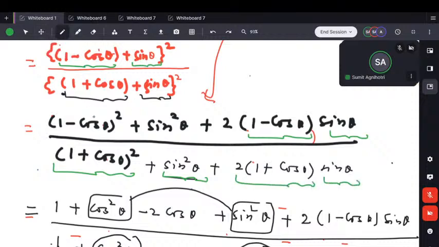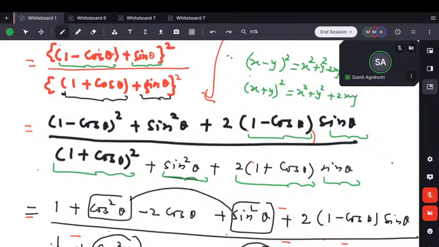Further you need to apply this formula, x minus y whole square and x plus y whole square again, that you remember now. It is x square plus y square minus 2xy, and it is x square plus y square plus 2xy. Again and again, if you use this, you will be able to remember all these.